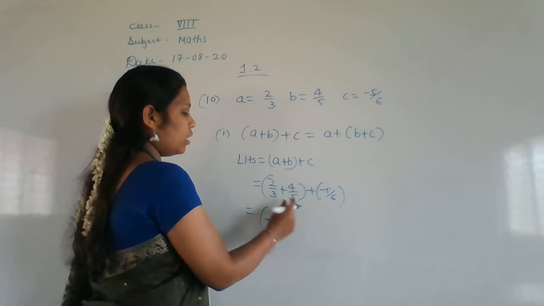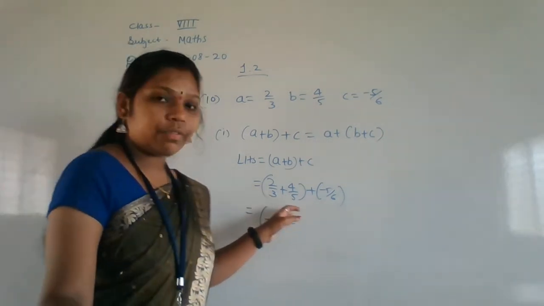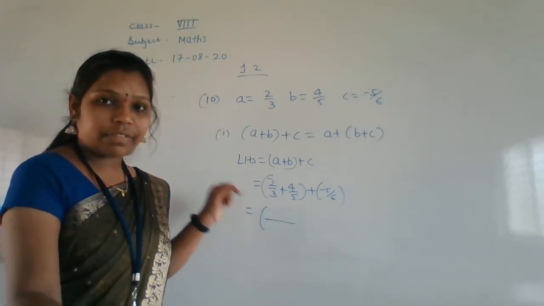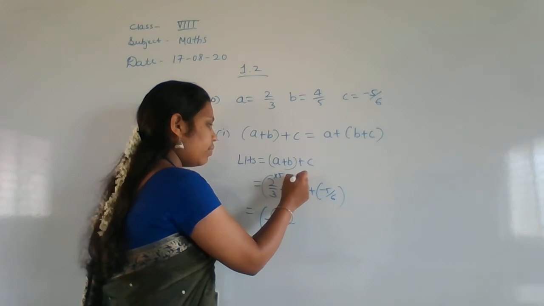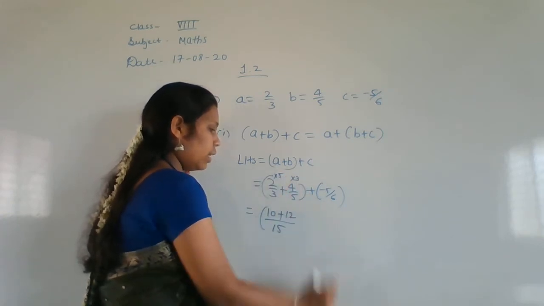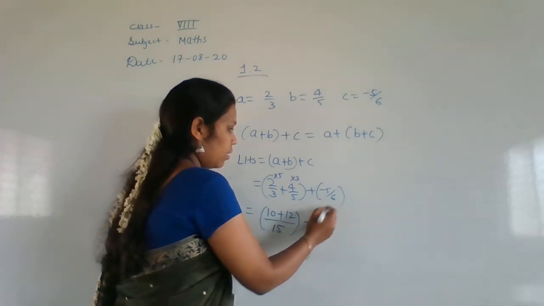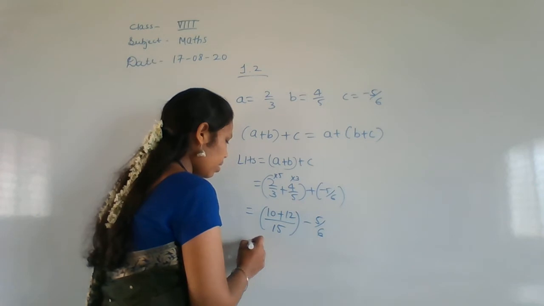So here different denominators are there, so you have to take the LCM of 3 and 5. The LCM of 3 and 5 is 15. 5 3s are 15, 3 5s are 15. 5 2s are 10, 3 4s are 12. Next, open the bracket, that is minus 5 by 6 here.